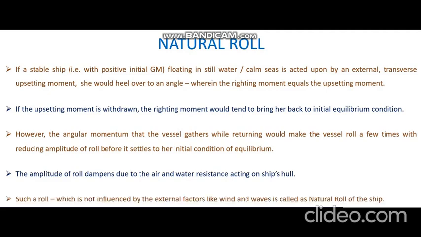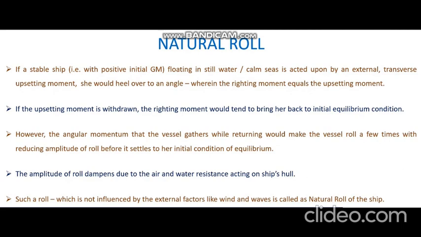Such a roll is not influenced by external factors like wind and waves, but is the vessel rolling in calm, still waters, where the rolling period and the amplitude is determined by the ship's own properties or stability parameters.